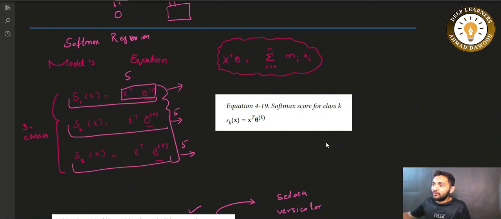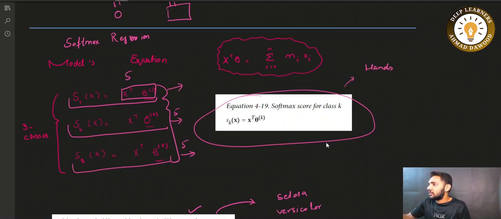This is the softmax score for the class K. I took this screenshot from the Hands-On Machine Learning book, which is pretty good, and I really recommend having a look at that book also.